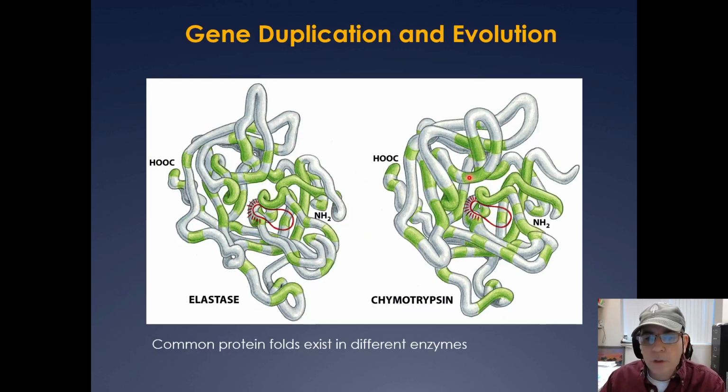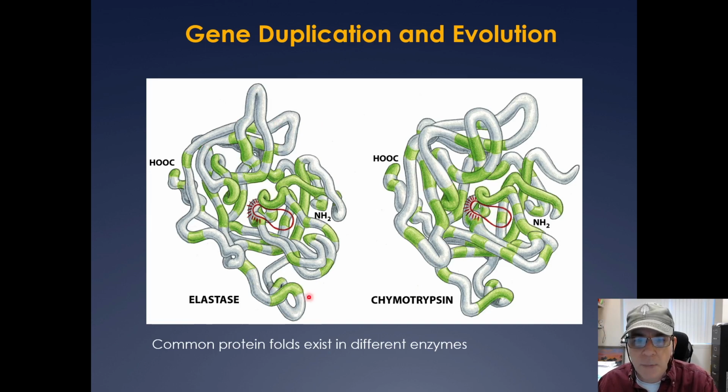One of the things you have to realize is that we have a pretty complex genome. It's estimated we have about 20 to 25,000 different genes, and a lot of these arose through evolution and gene duplication, and then all of a sudden an enzyme can take on a new function. So here are elastase and chymotrypsin. These are both produced by the pancreas and are digestive enzymes. They have a very similar active site, and we'll see this in a couple of slides.